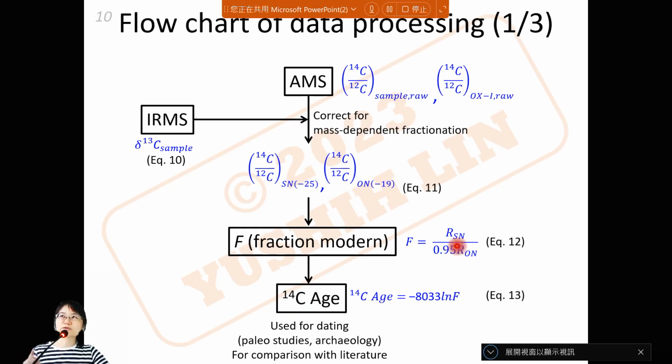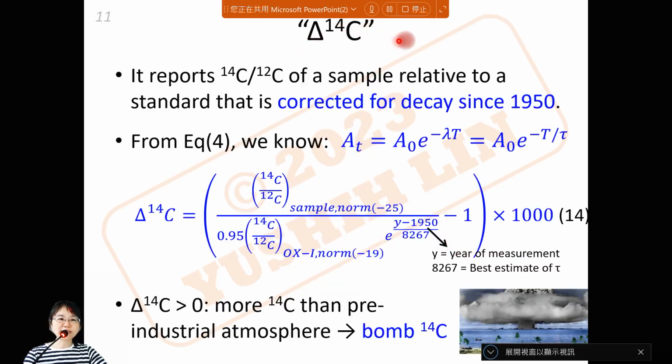However, the standard will also decay because it was produced last century. When you report this value, you will consider its decay over time. This is again the general decay equation: activity at T is equal to the initial activity times exponential minus lambda T. You can convert the decay constant to mean life, which is tau here.